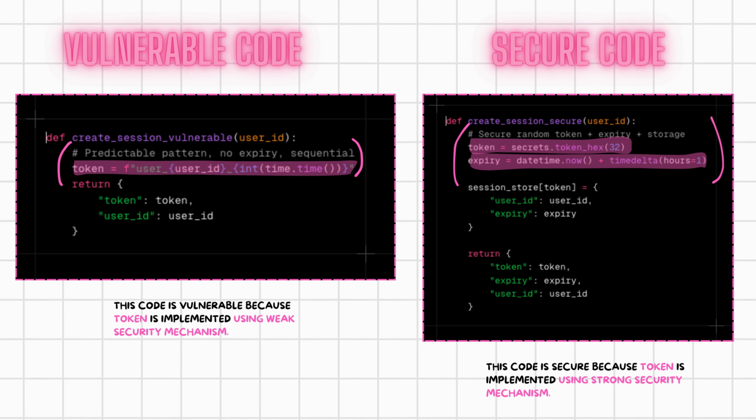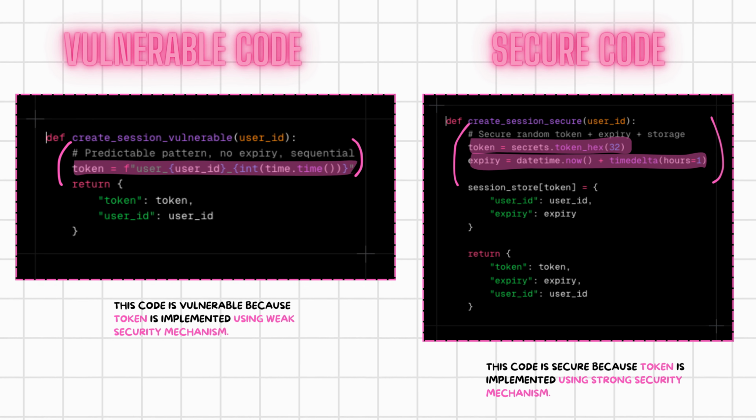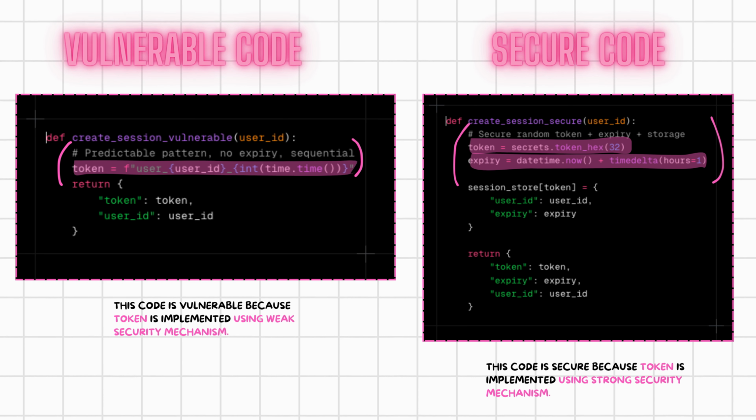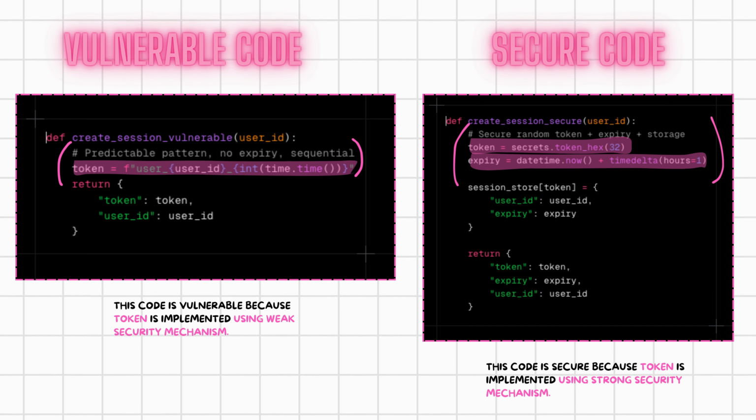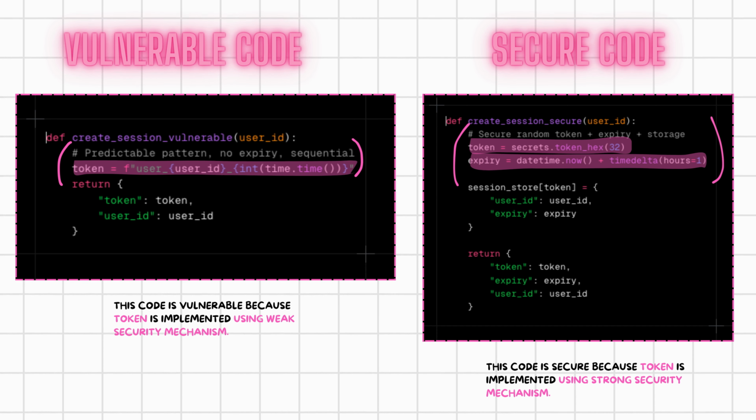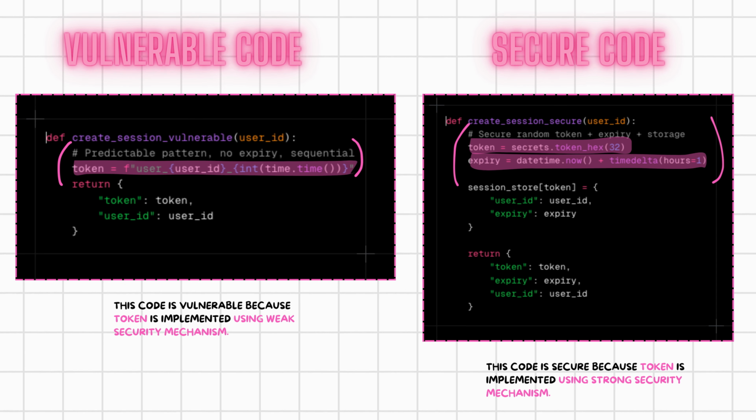Now, how can an attacker use this token scenario to take over your account? They will generate a token based on your user ID, and they will override this newly generated token with their own token. Now, if the application is vulnerable and there is no further check of tokens, then the attacker will be able to take over your account easily. Now, how can we secure this mechanism, basically the token generation mechanism?